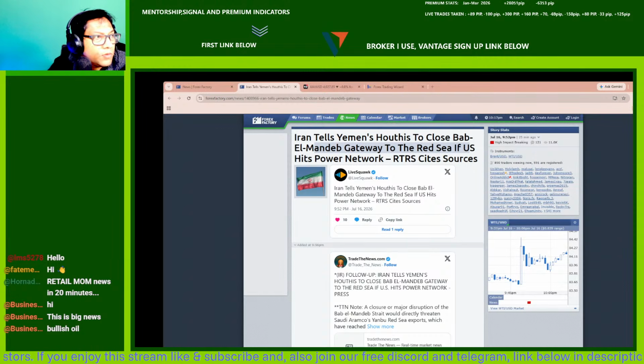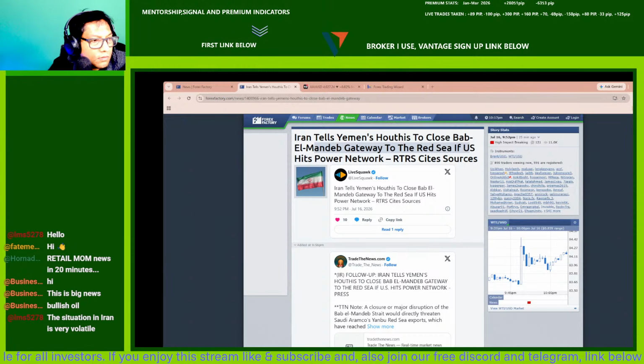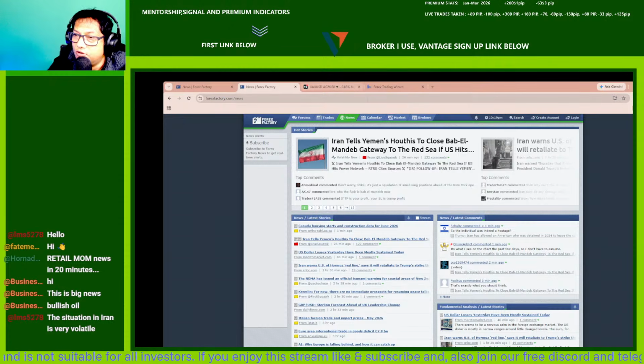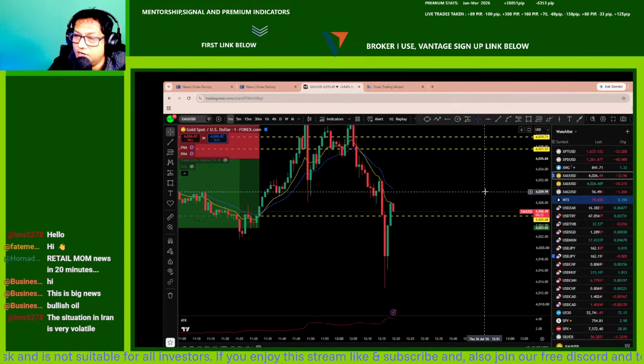The overall situation is pretty volatile. So the war has significantly escalated at the moment, and we can see the reflection here in the market.